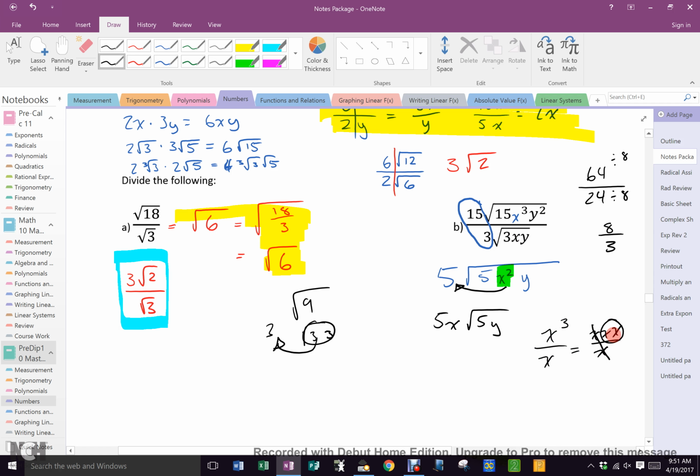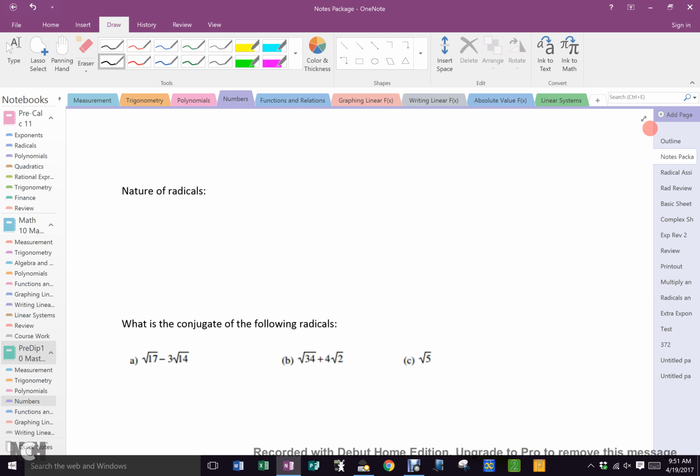Now, you should have something here that says nature of radicals. Yes? Okay. The nature of radicals is, what I'm trying to say there is there are some things that we aren't allowed to do with radicals. One of the things that we are not allowed to do with radicals is divide by them.